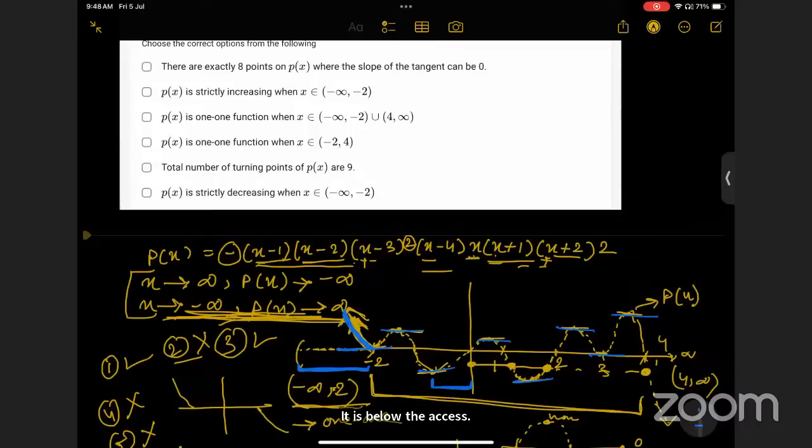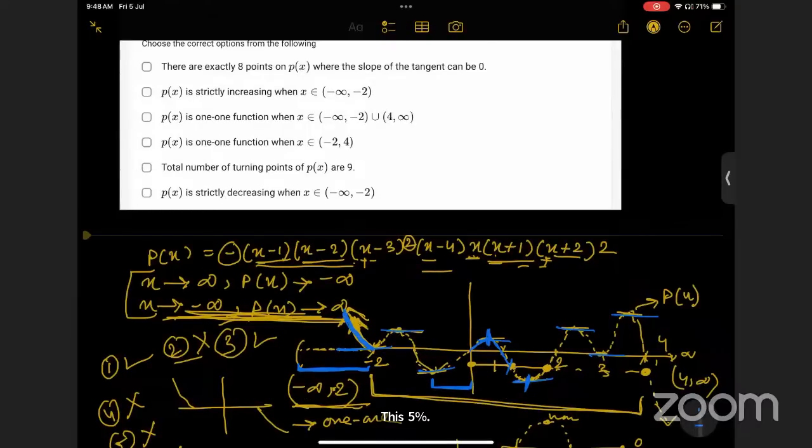We have to consider the half of the wave. Again, from this point to this point, the function is increasing. From this to this, the function is again decreasing. From this point to this point also.